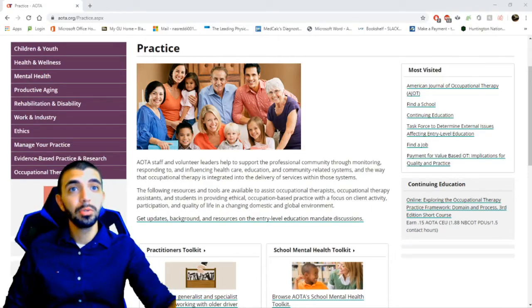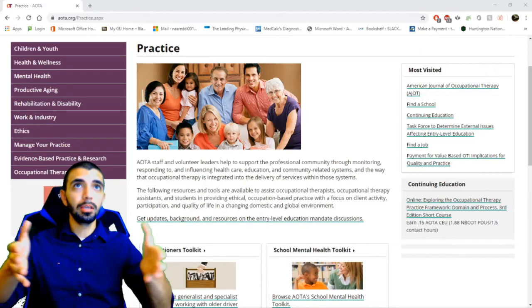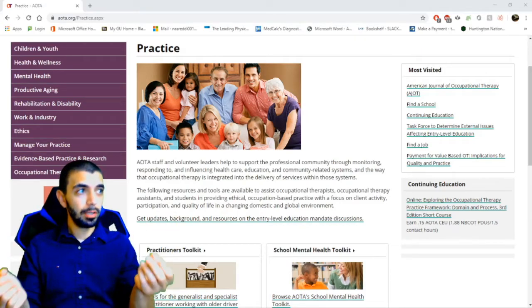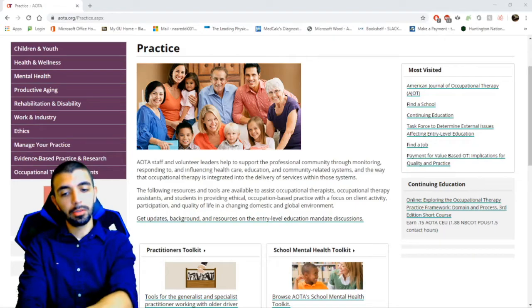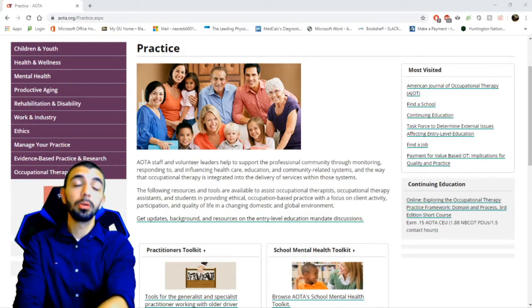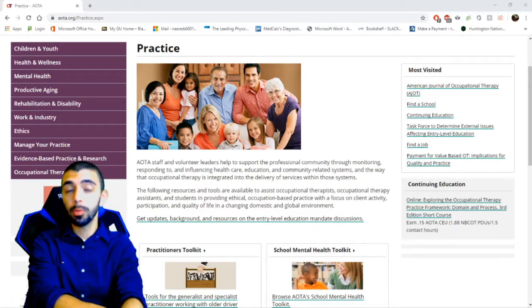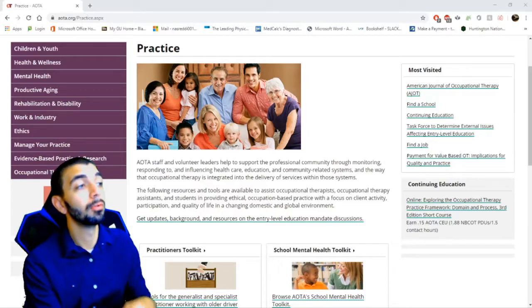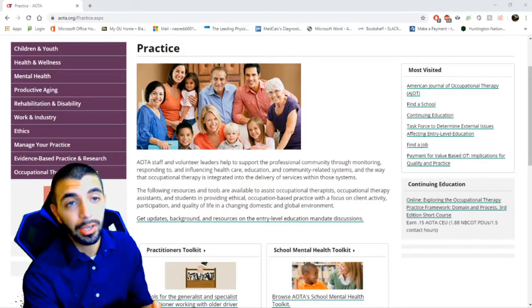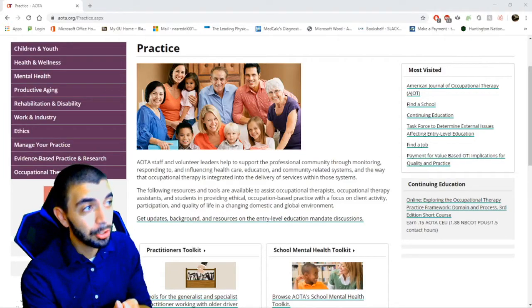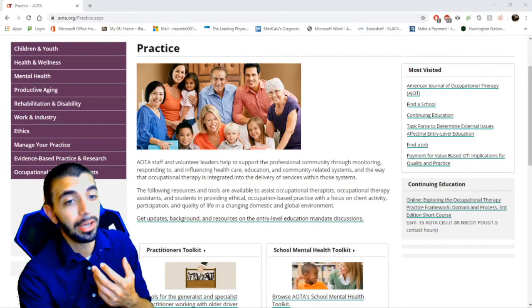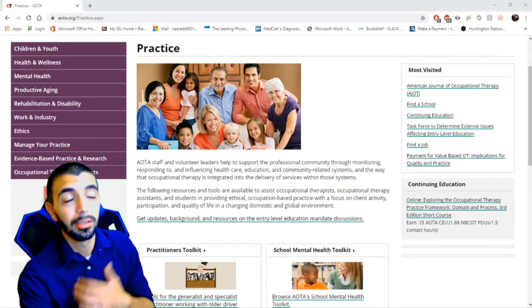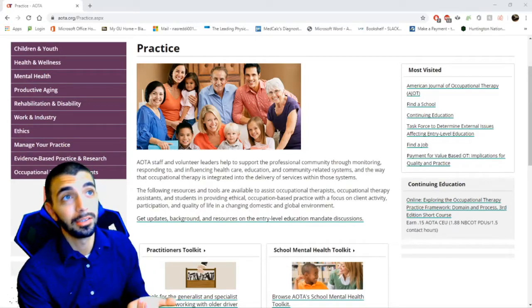So try to envision yourself, if you were to take productive aging, you can either work with driving or you can work with home modification. Productive aging may be aging in place. Think of an individual who's been living in a home for 20 plus years, and now they have a hip fracture, or cognitive decline, or a CVA.